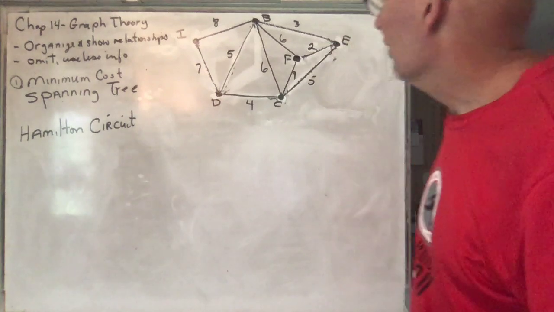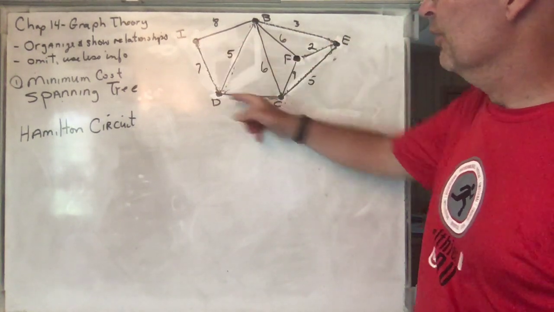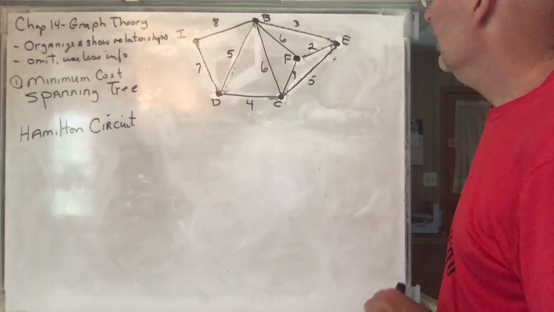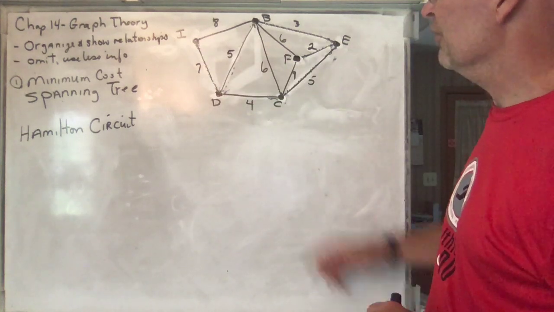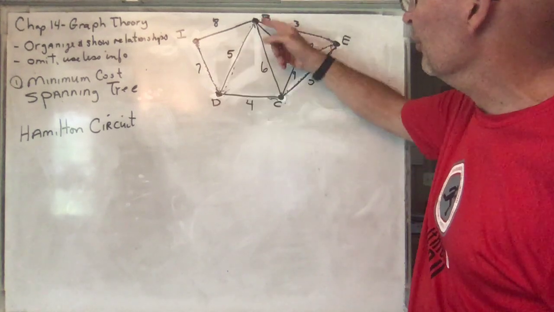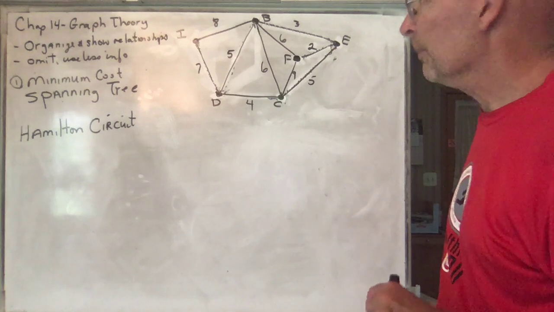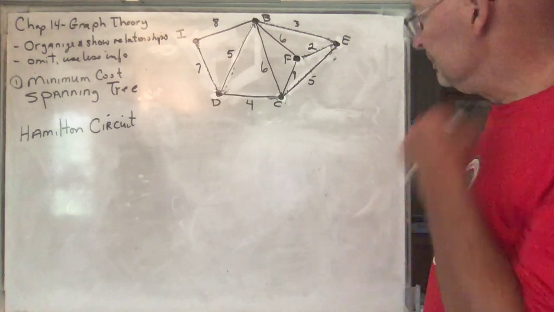Yeah. A circuit is where you want to come back to where you began. So you make a big circuit. And a Hamilton circuit is one where you visit every single vertex. You could have just a regular circuit like this, but a Hamilton circuit is one where you hit every one. So how do we do that?